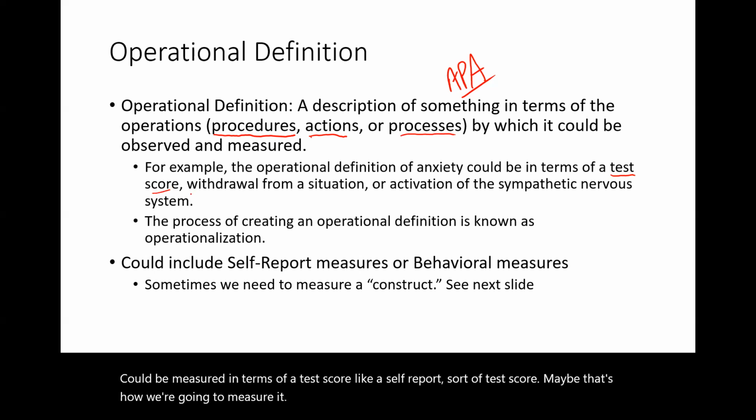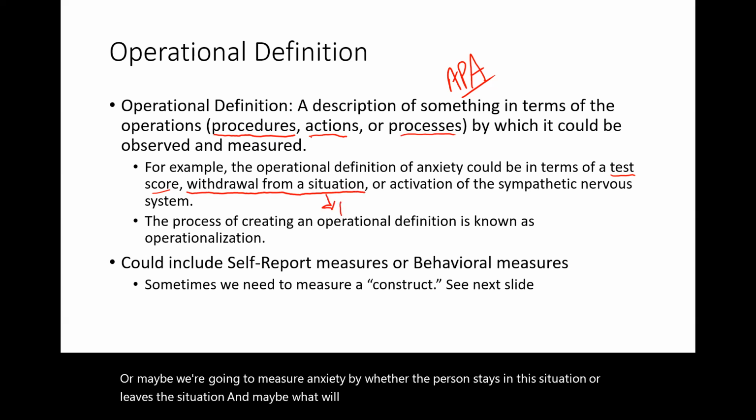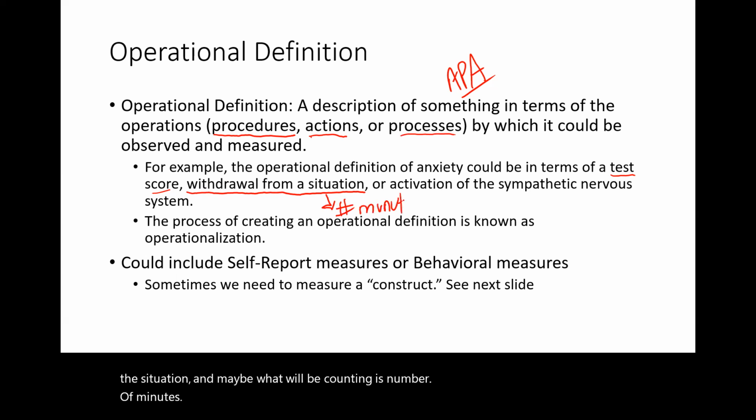Or maybe we're going to measure anxiety by whether the person stays in a situation or leaves the situation. And maybe what we'll be counting is number of minutes until withdrawal, until they leave the situation.